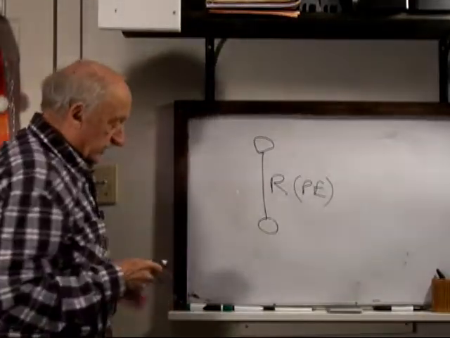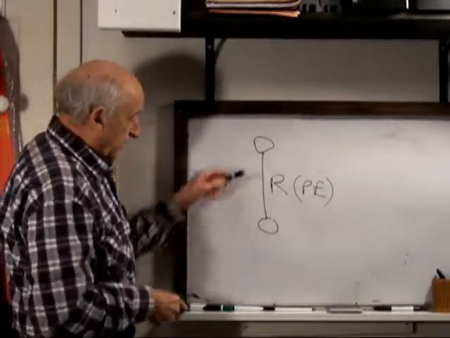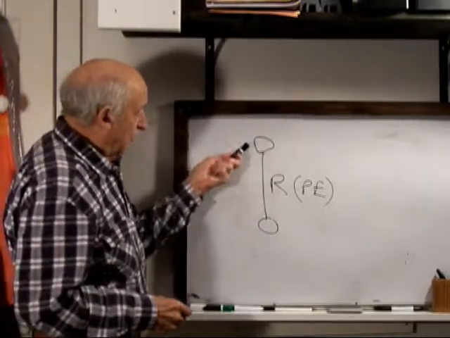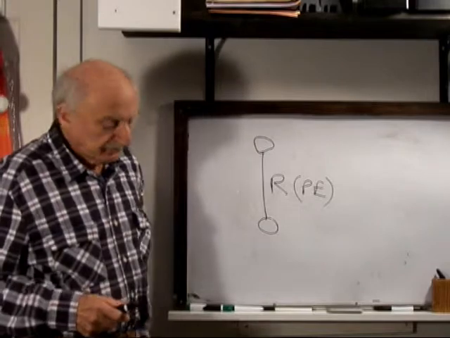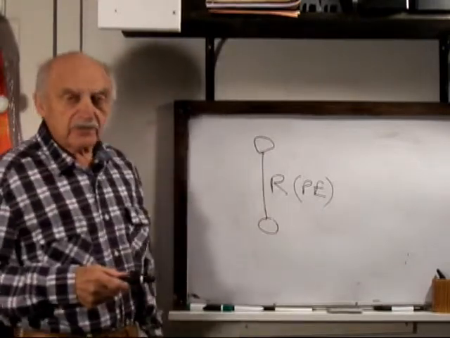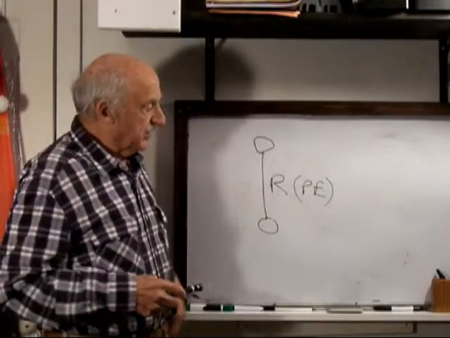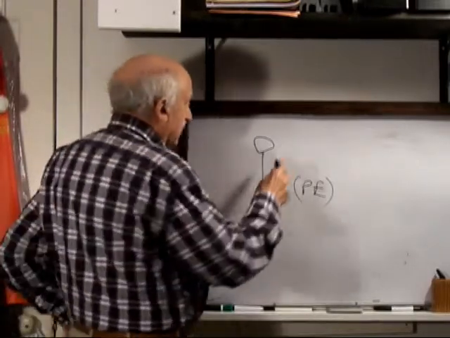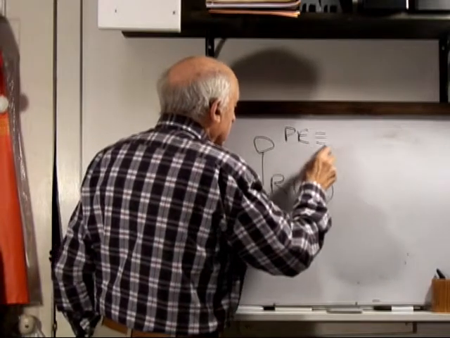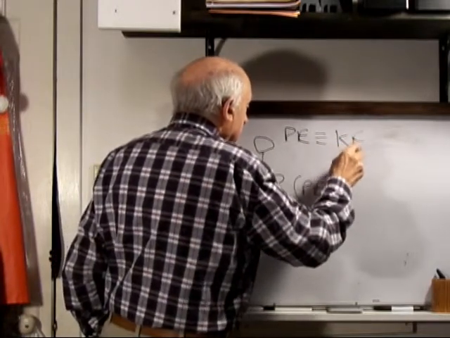When I stop at the top, raise the body from here to here, what's happened to that energy? That energy is not potential energy, but it can also be expressed as a kinetic energy. In other words, I can say that the potential energy is equivalent to the kinetic energy.